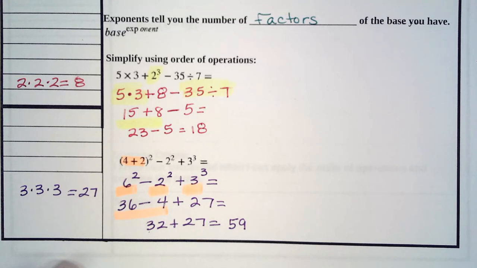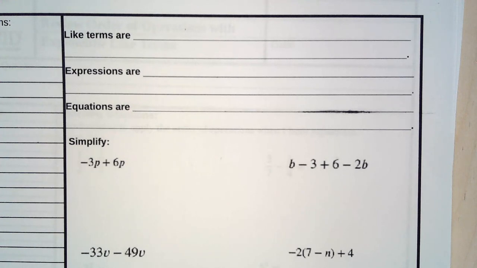So if you have any questions, back the video up and listen to it again. If you don't have any questions, go to the next page, please. Okay, on the next page, we have 3 things we need to define. The first one is like terms. What are like terms?